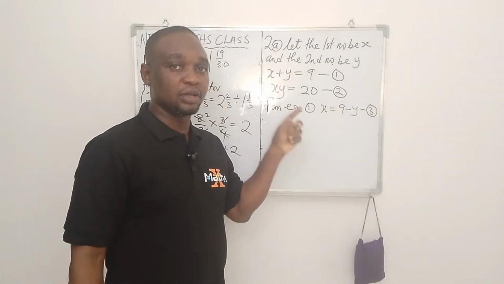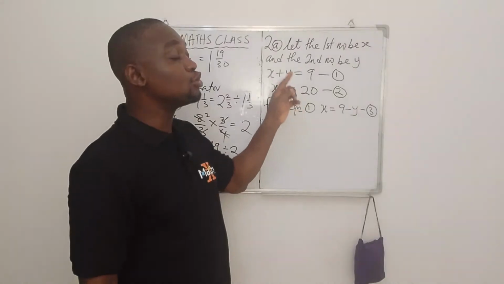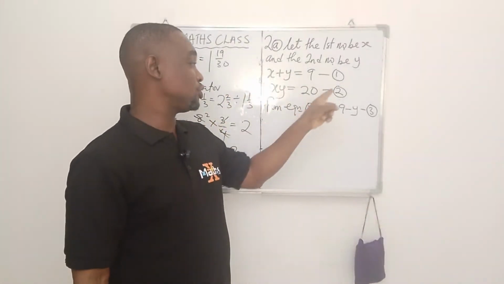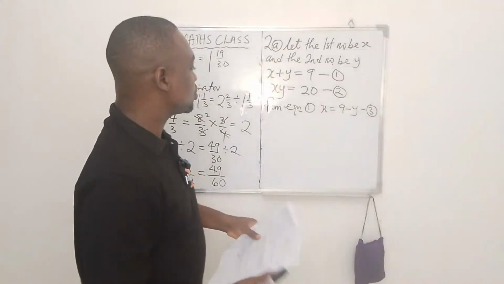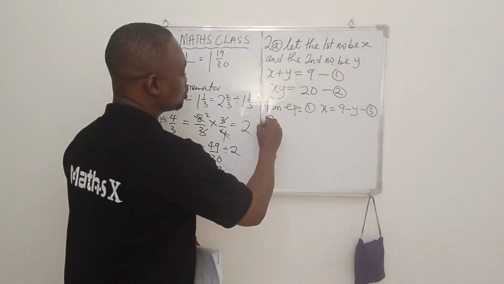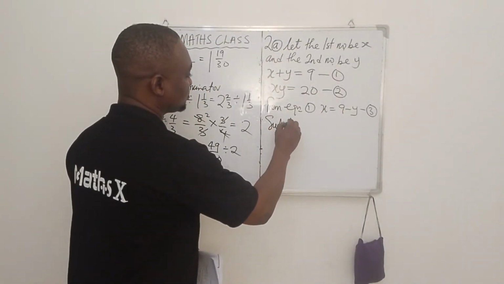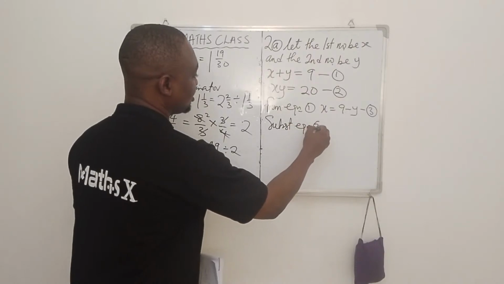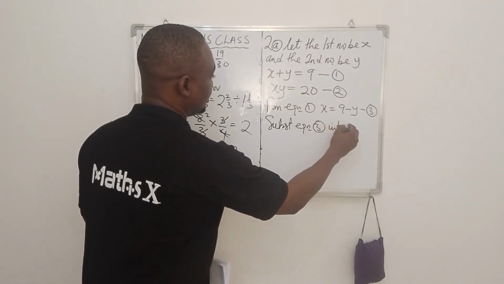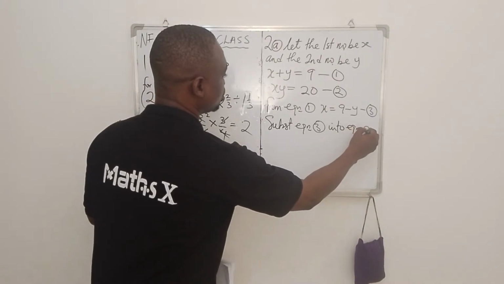Nothing good will come out of it. Rather, put it in an equation that you've not used before, which is equation 2. So my next statement is: substitute equation 3 into equation 2.